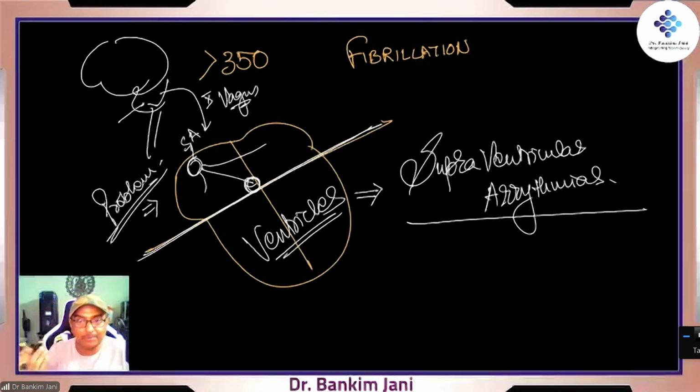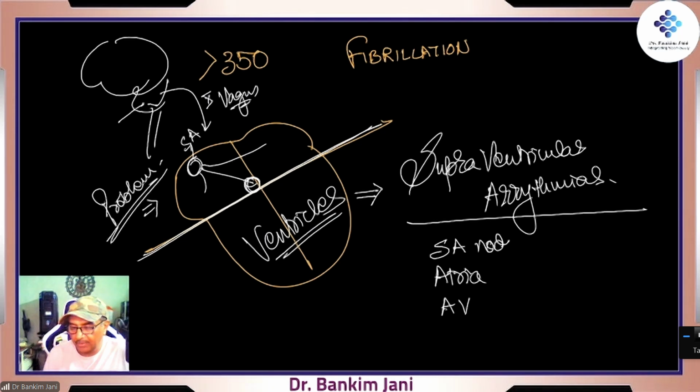That's the reason the heart beats faster or slower, the person feels it, palpitation, all those signs and symptoms we'll discuss. So supraventricular arrhythmia means the problem is above the ventricle. That means the SA node, atria, and AV node. Correct?